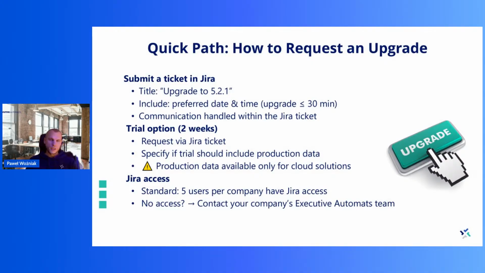You can get the same data on a trial with the newest version to validate your scripts and how the new version works with them. You can check if everything is working as it was with the previous updates.